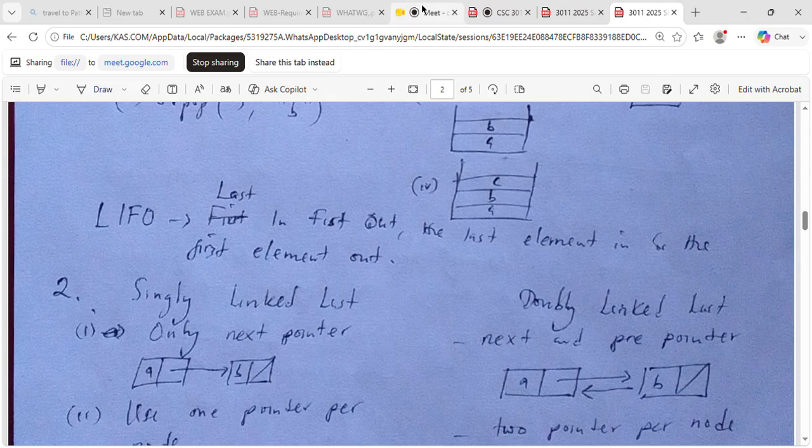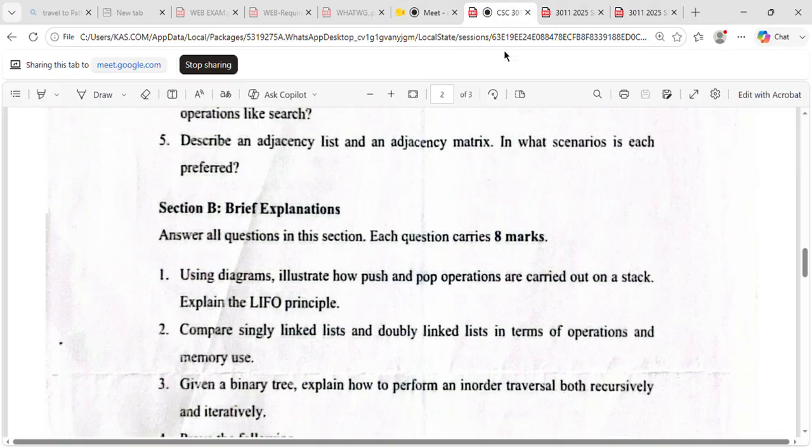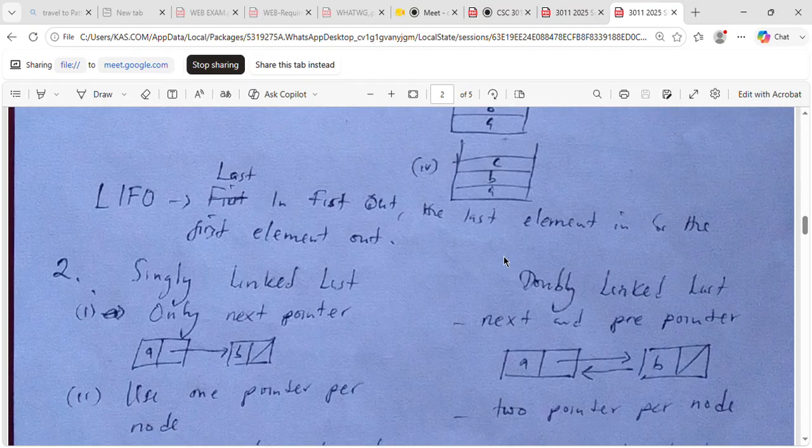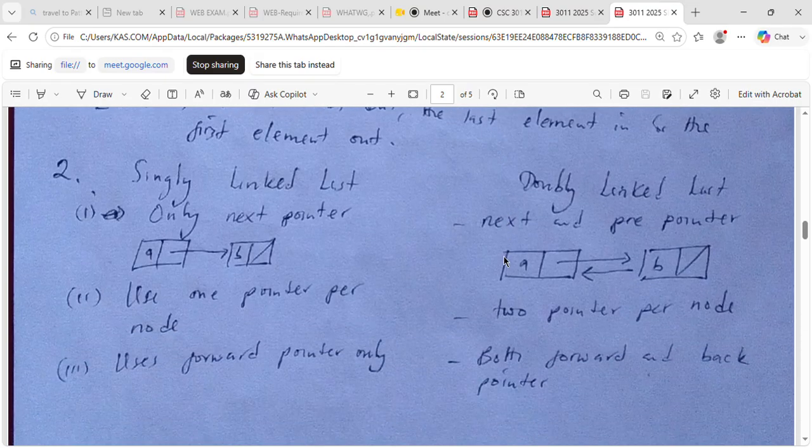Let us begin with the memory use. Which one do you think uses more memory between the singly linked list and doubly linked list? Which one do you think uses more memory? That's a question there.